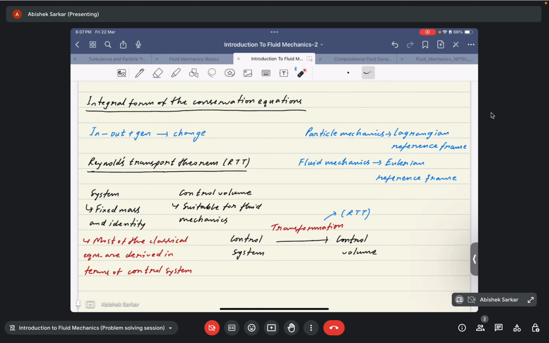the modification in the governing equations that are being made to make them suitable for the analysis of fluid mechanics problems. We initially discussed two different approaches of solving fluid mechanics problems, the Lagrangian and the Eulerian approach.